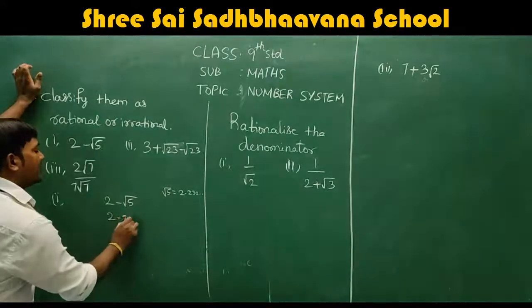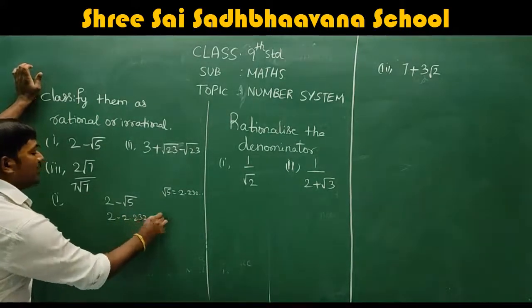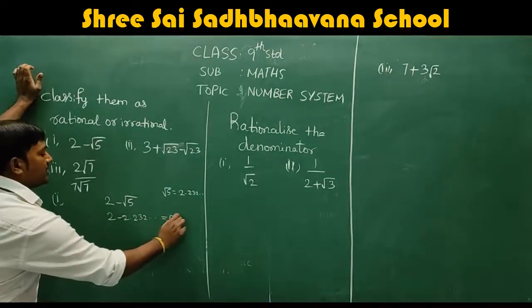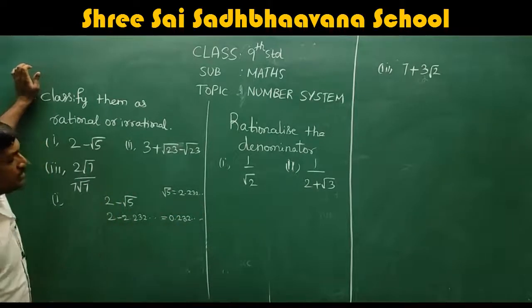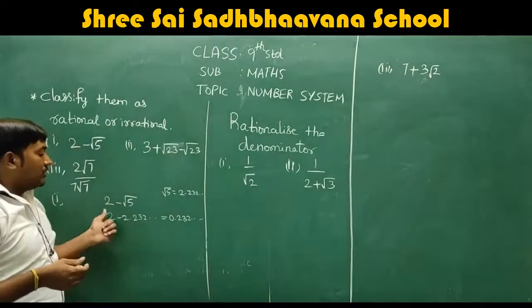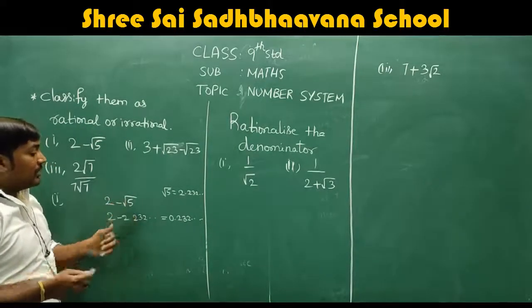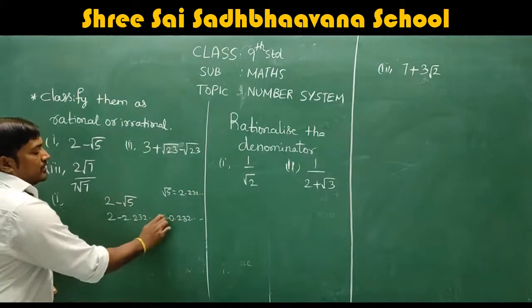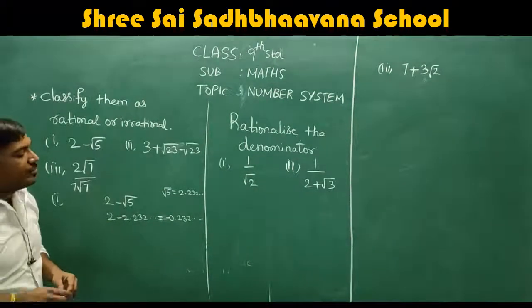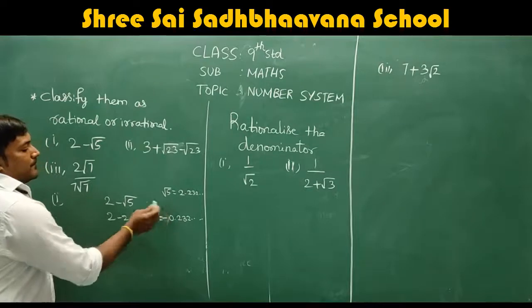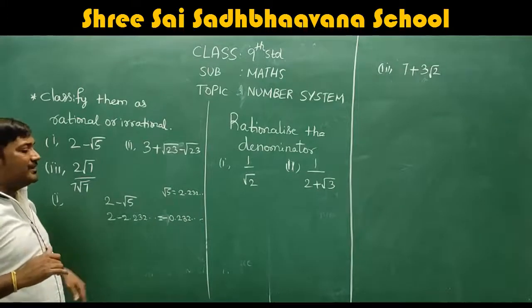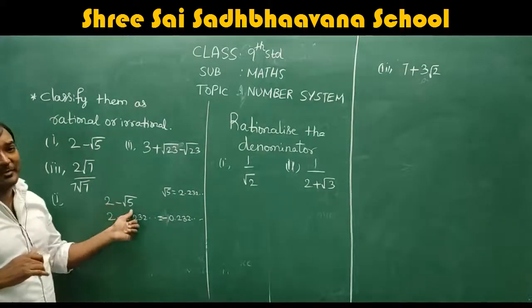So 2 minus 2.232 and so on will give you 0.232 and so on. Actually, we'll get a minus here because 2.232 is the higher value. So 2 minus 2.232 is minus 0.232.